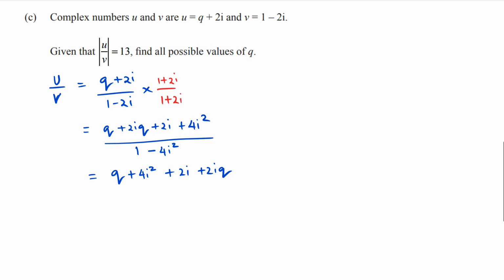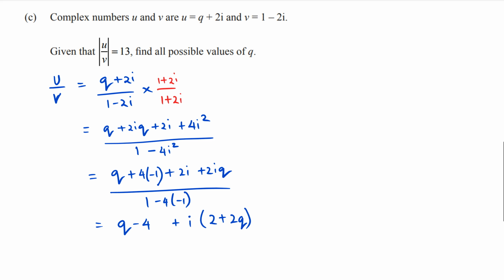And that's all divided by 1 minus 4 times i squared. I forgot this i squared here as well. There's an i squared there, so that's going to be negative 1. So what I've got is q minus 4 plus, I'm going to put i in a bracket, 2 plus 2q. All of that is divided by 5.